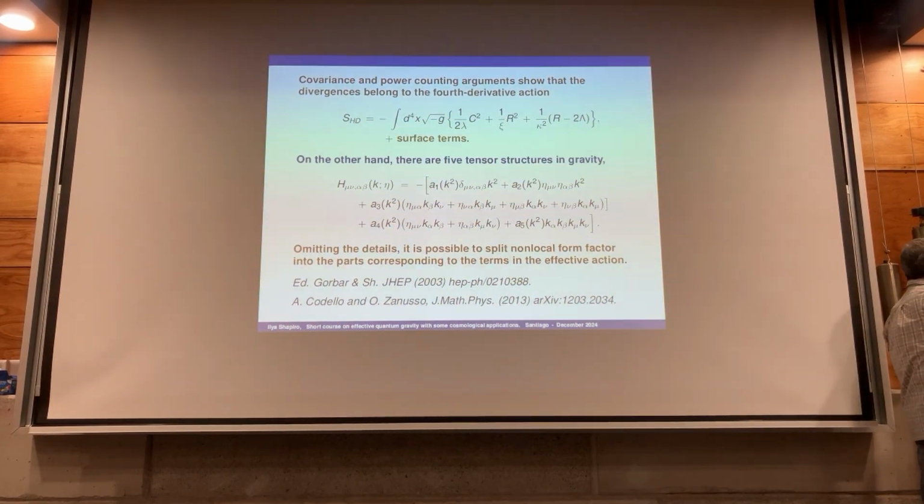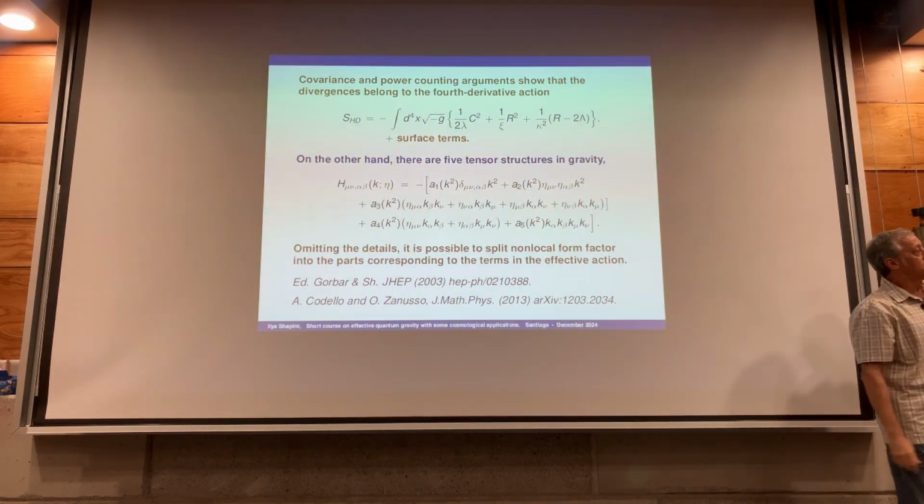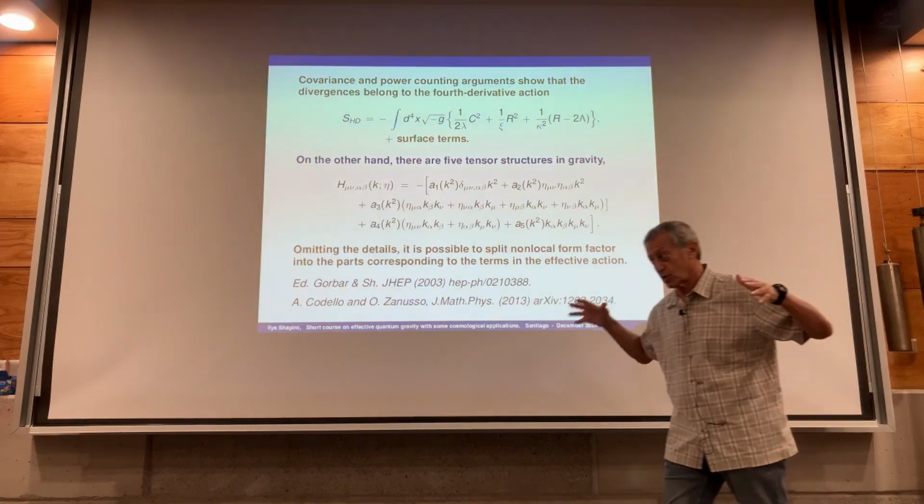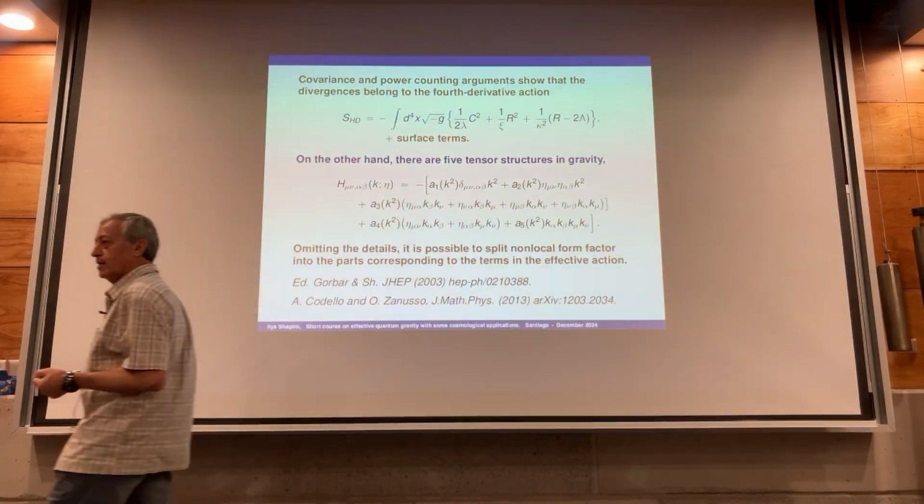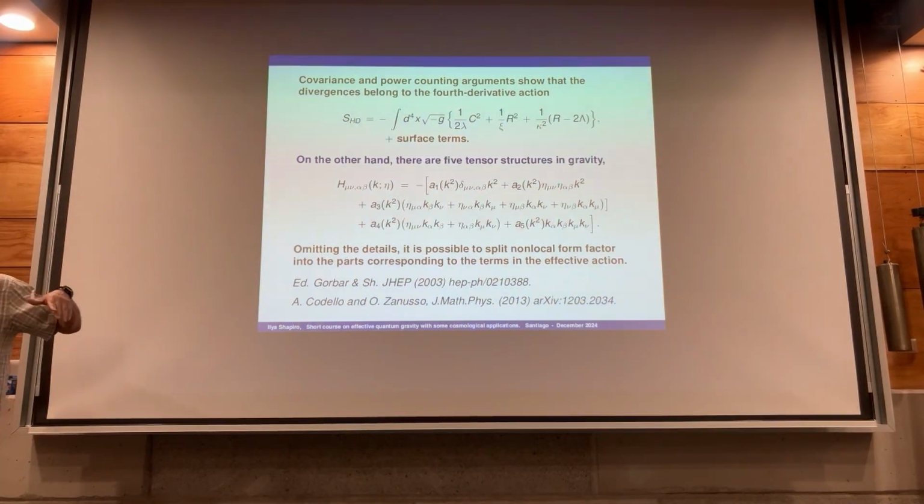This is called the Barnes-Rivers operator. It's a unitary matrix in the space of symmetric tensors. Rivers was the man who created this. So you have here this delta, then you have this.